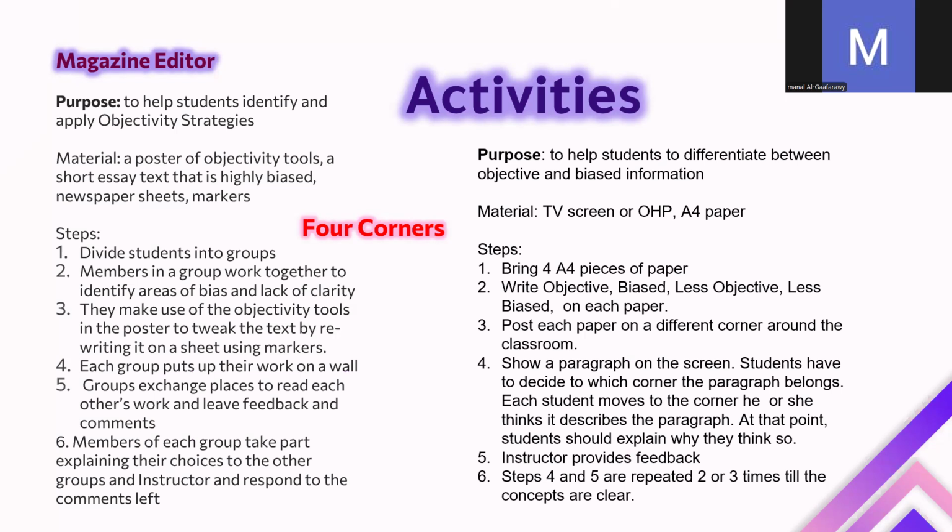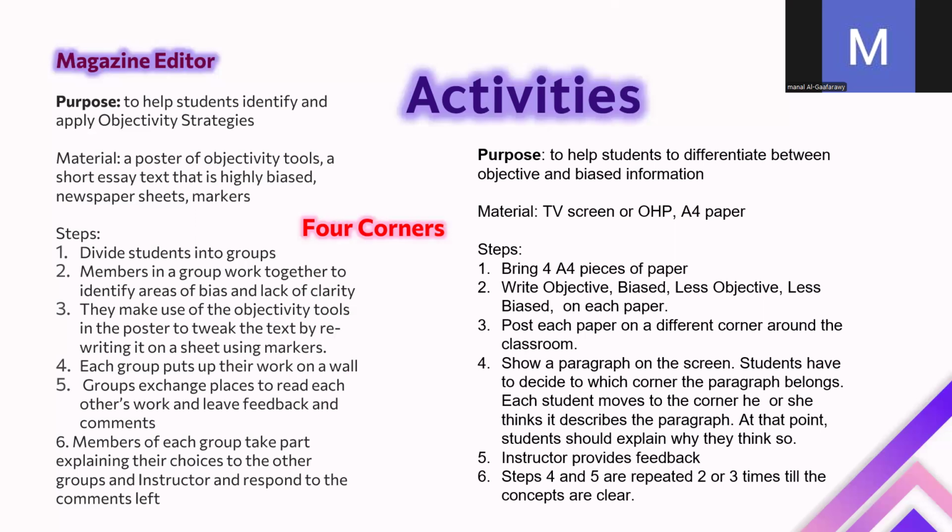The purpose of this activity is to help your students identify and apply objectivity strategies. All you need for this activity is a poster of objectivity tools, a short essay text that is highly biased. You can create it yourself to guarantee that it's highly biased. Newspaper sheets and markers. And for this, you need to divide your students into groups.